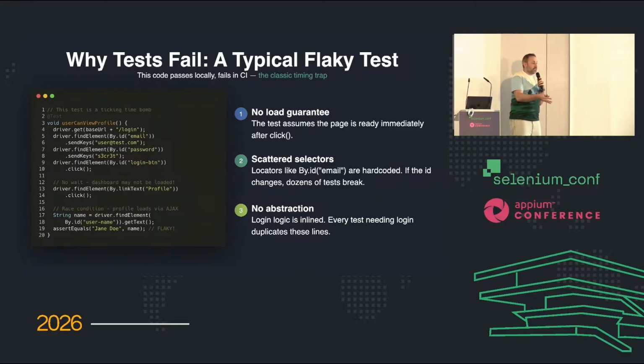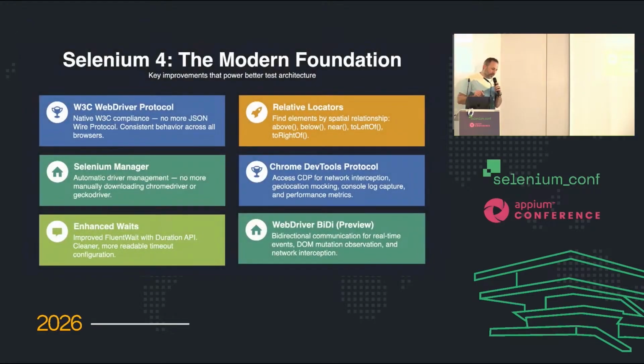How can we make exactly the same case better using the patterns, architectures, and all the features provided by Selenium? Before getting to the patterns, let's very briefly review what we have in Selenium 4. W3C, so it's consistent behavior across all the browsers.